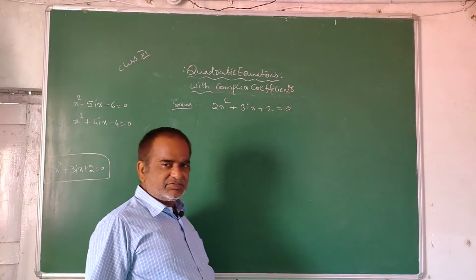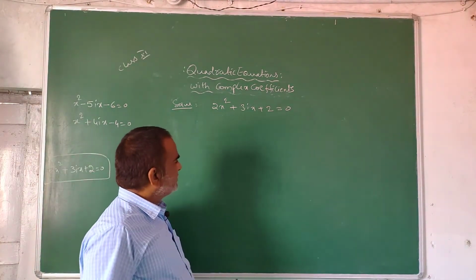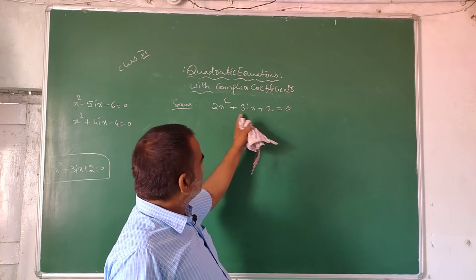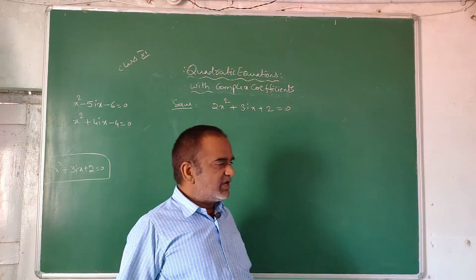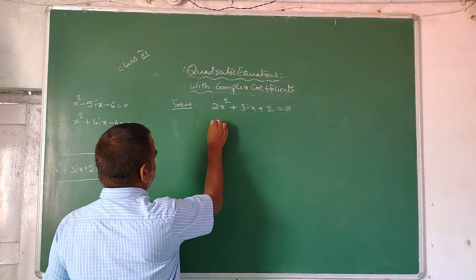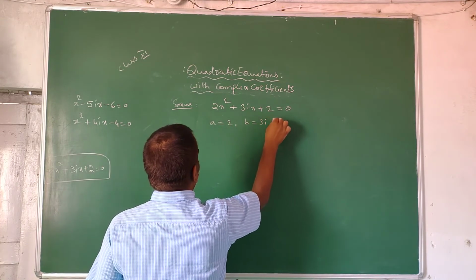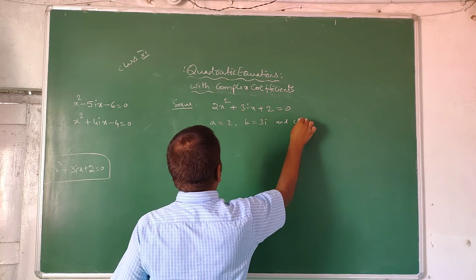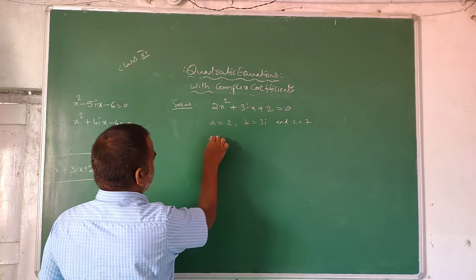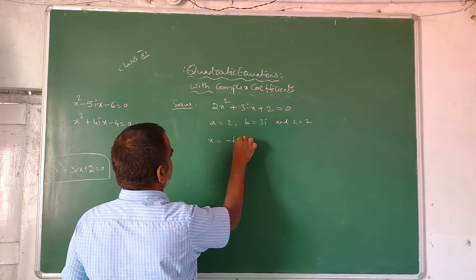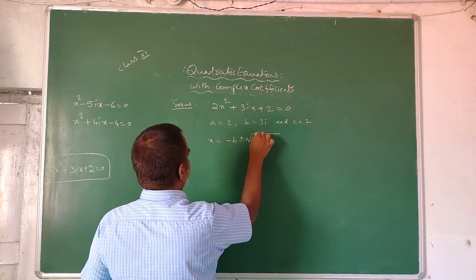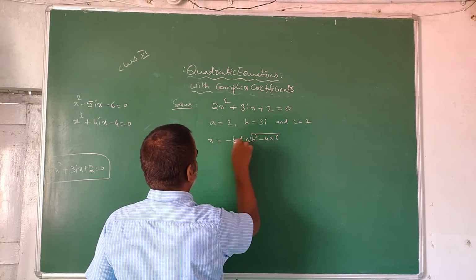Now dear students, we are going for the formula method. Solve this equation using the quadratic formula. You collect the values, a is equal to 2, b is equal to 3i and c is equal to 2. So the formula is x is equal to minus b plus or minus root over b square minus 4ac by 2a.